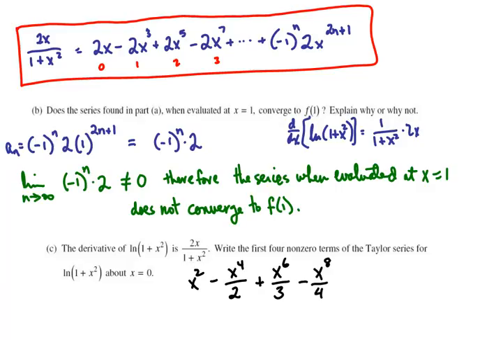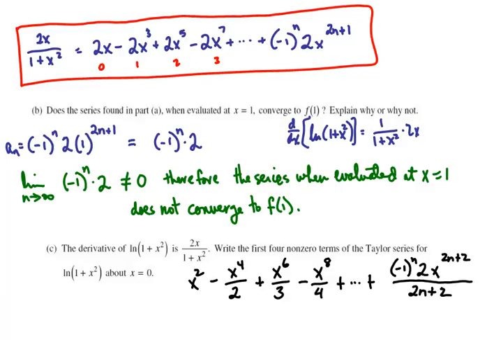Now it doesn't ask for the general term, but if you were going to do the general term, the negative 1 to the n is still a constant, 2 is still a constant. Then we're going to increase the exponent of x from 2n plus 1 to 2n plus 2. We're just increasing that by 1. And then we're going to divide by the new exponent.